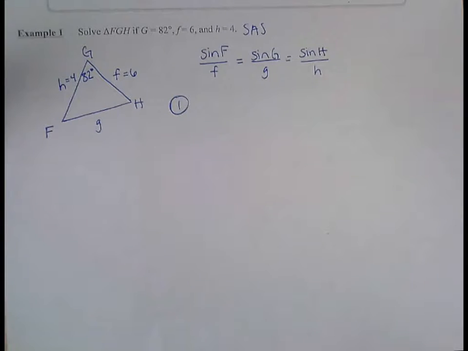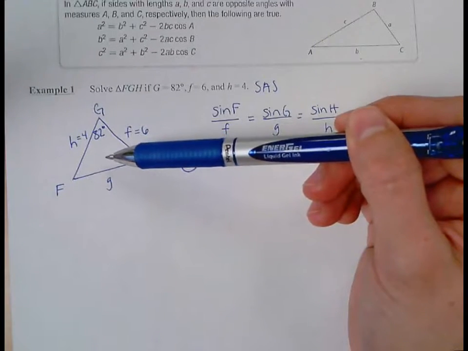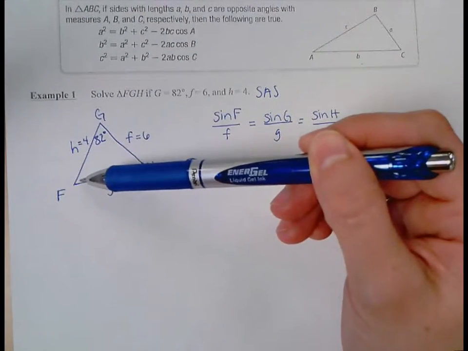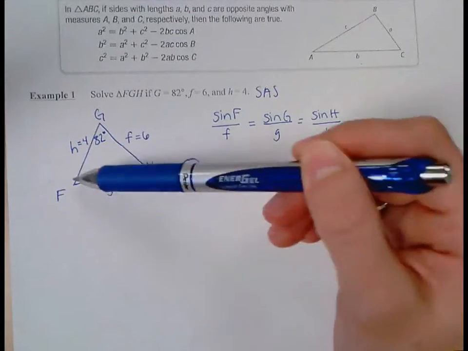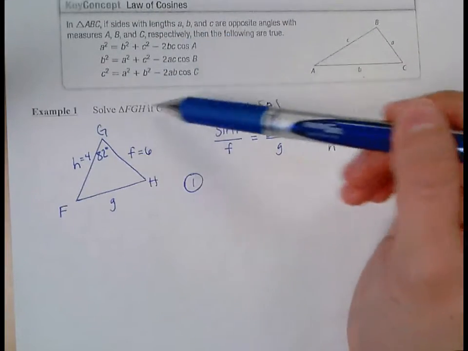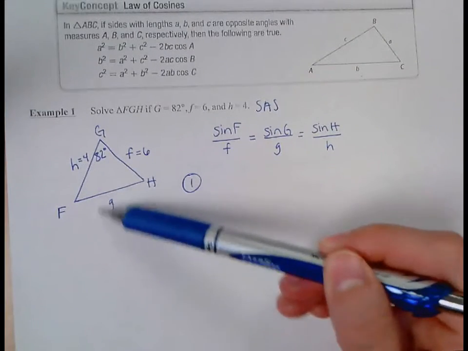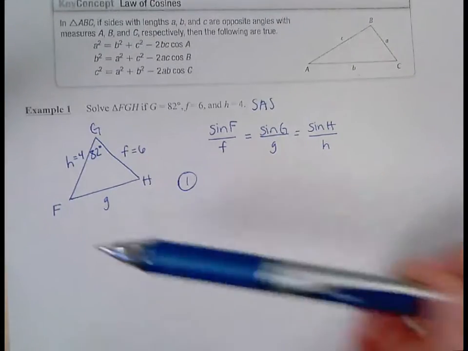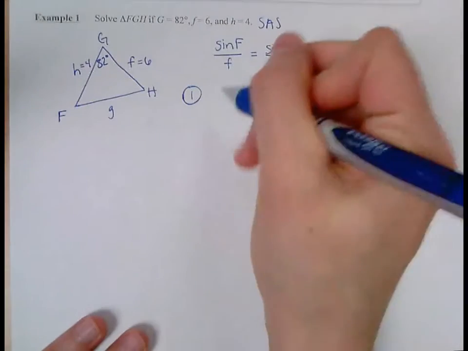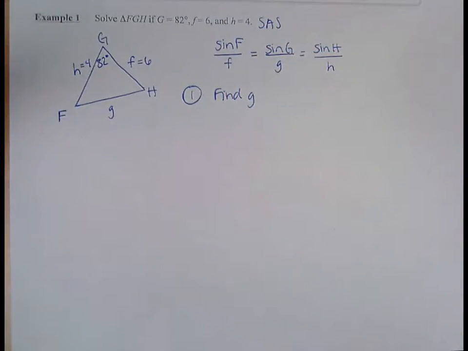And part of why you have to do that is because we don't know either of the other angles. So if you tried using a different variation, you just wouldn't have enough information. This is really the only option you have of what to find first, that missing side. So we're going to find side G first, and we're going to use law of cosines to find that.